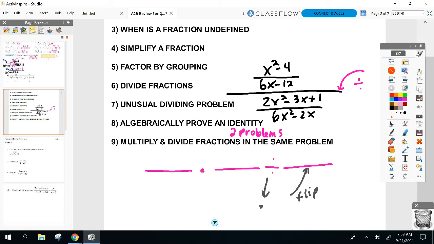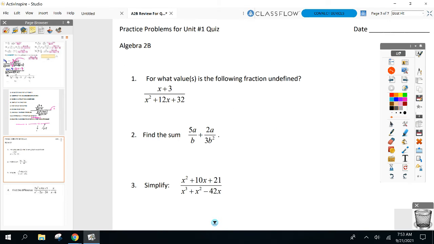What's the deal, Jeremy, with number 2? So I got the answer. I multiplied 3b on the left side to get the same denominator. And I got 15ab. And then on the bottom it will be 3b squared.